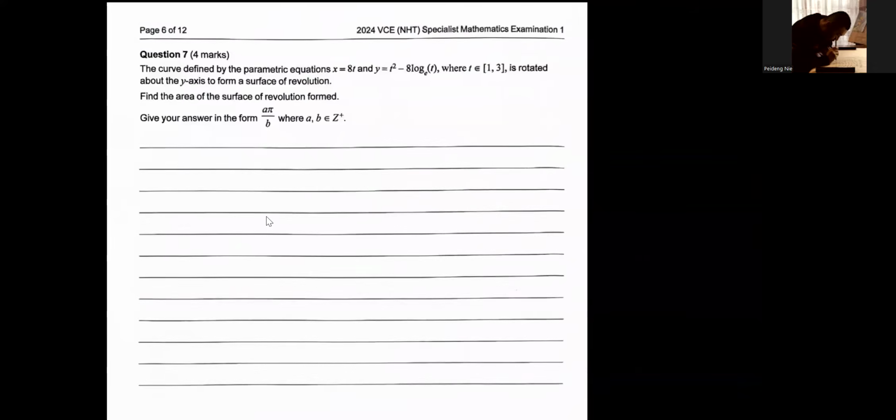Moving on. Question 7. The curve defined by the parametric equations x equals 8t and y equals t squared minus 8 log t, where t is between 1 and 3, is rotated about the y-axis to form a surface of revolution. Right.